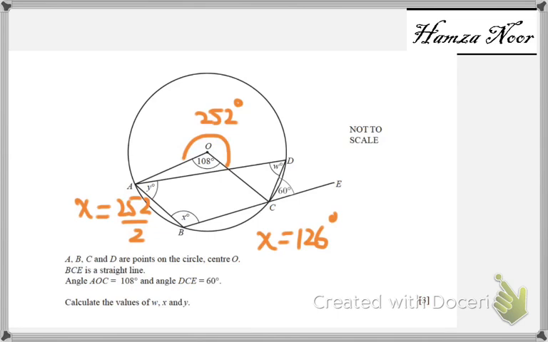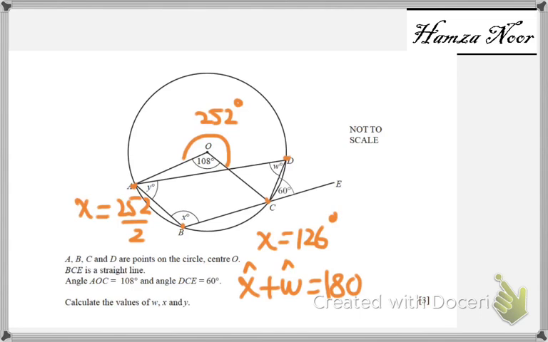Okay, so now let's take a look at the value of W. Since this is a cyclic quadrilateral ABCD, a cyclic quadrilateral is a shape in which all four vertices of that quadrilateral are touching the circumference of the circle. So the opposite angles are supplementary. Your equation will be X plus W is equal to 180 degrees.